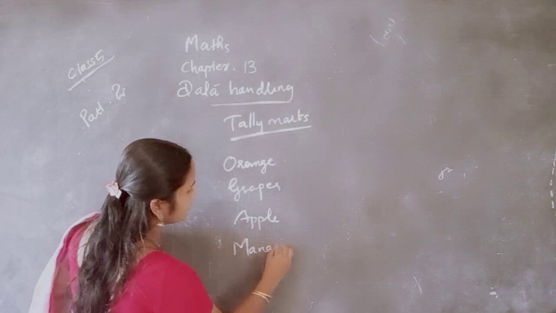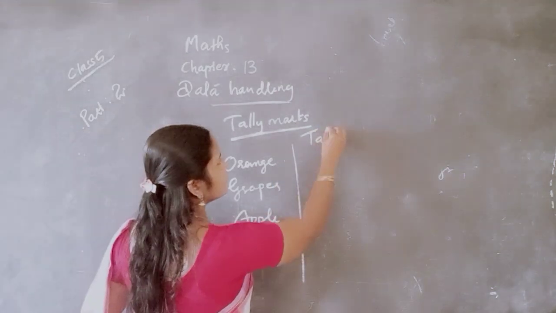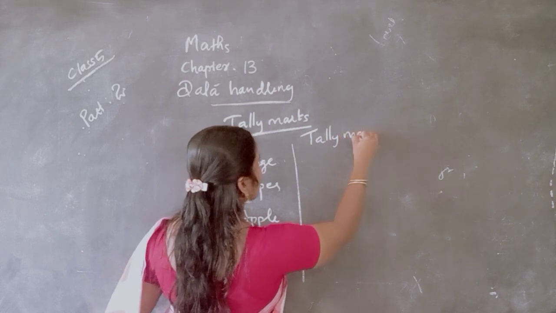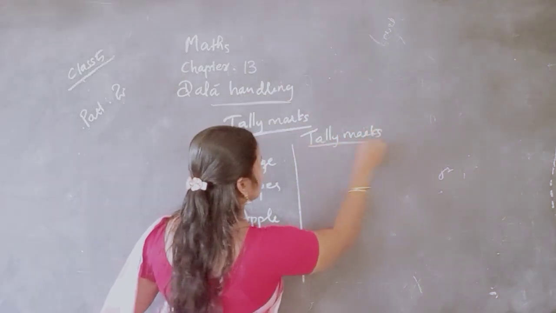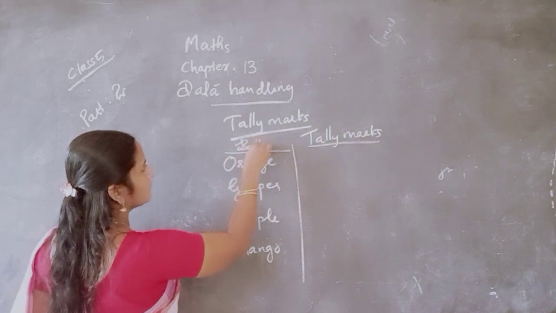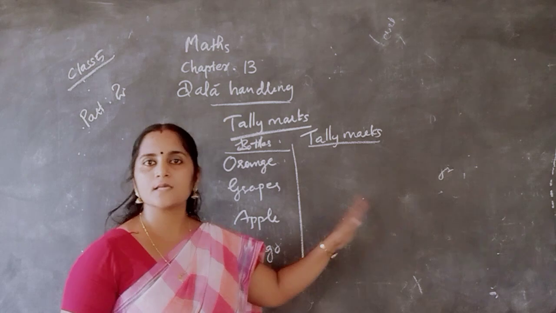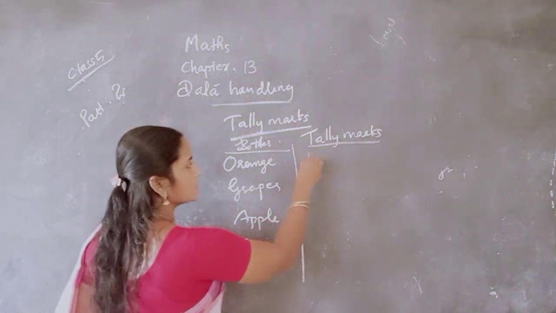Different bottles are there and the corresponding tally marks are also given. These are the juice bottles, and here the tally marks are also given like this.